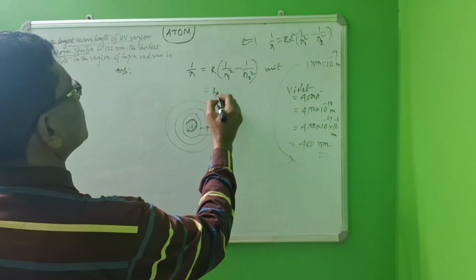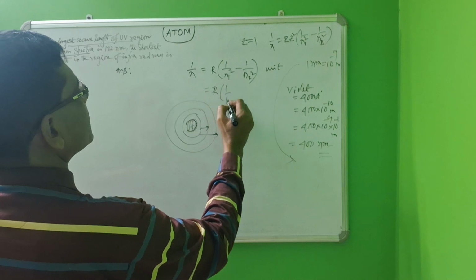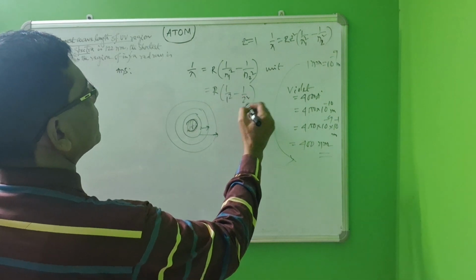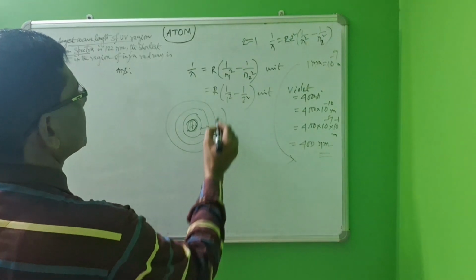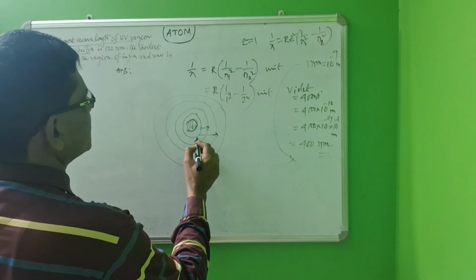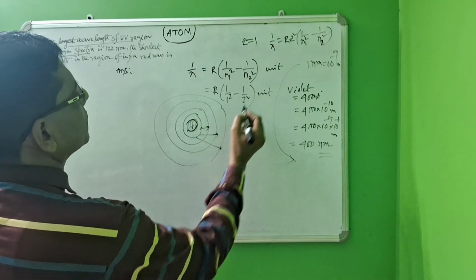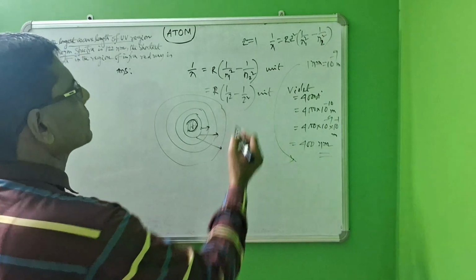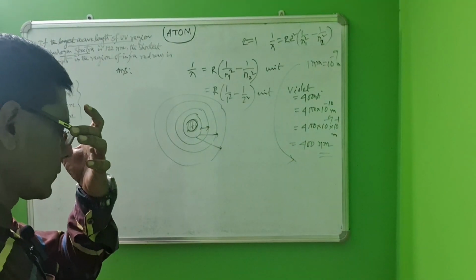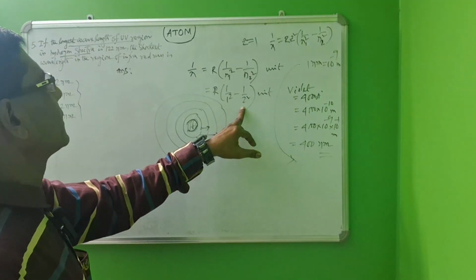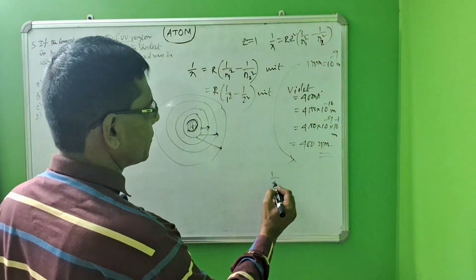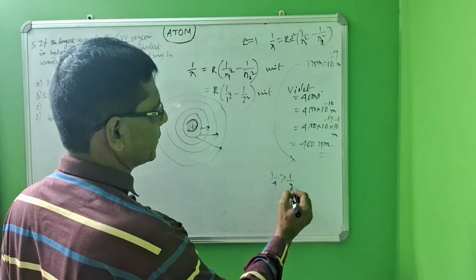So for the Lyman series we have obtained 1 by 1 square minus 1 by 2 square, because if we take the next orbit for the Lyman series we get 1 by 3 square. 1 by 3 square will be 1 by 9, and 1 by 4 is greater than 1 by 9.